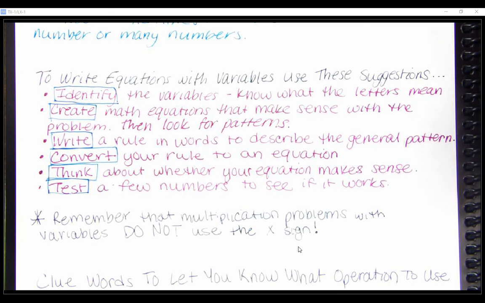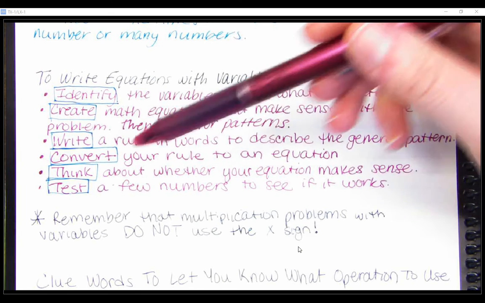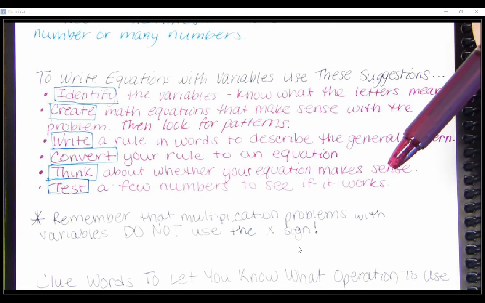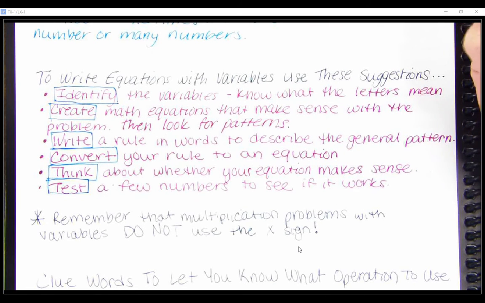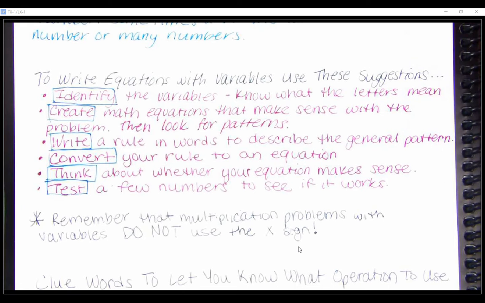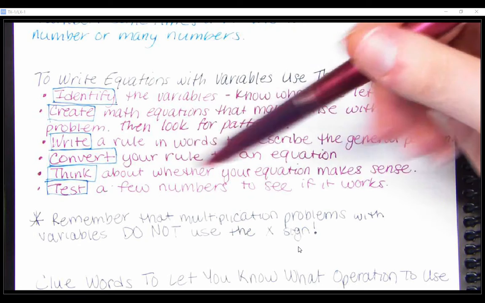The next two are probably one of the most obvious, but students often forget about it. First is think about whether your equation makes sense. Some students just get in such a habit of, oh, this is the answer, let's go, that we forget this step. Well, it's one of the most important steps. If I'm doing a problem where I'm taking away a number of items, I'm not going to add, because that is the exact opposite of what I'm trying to do.